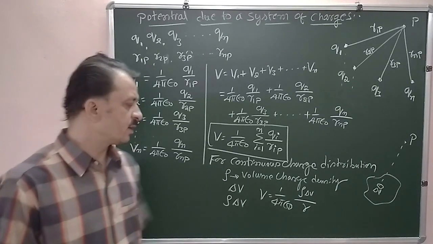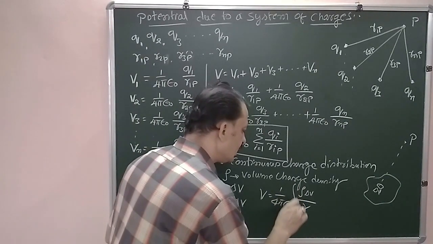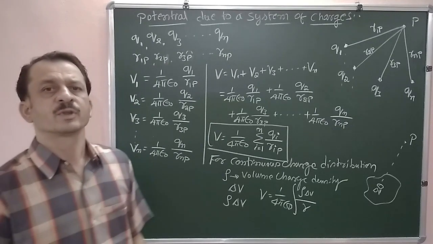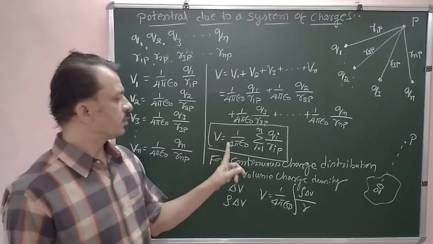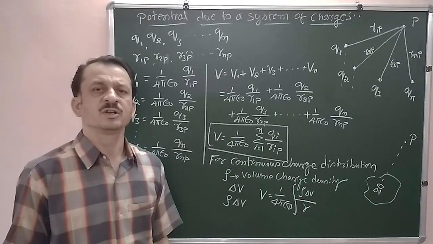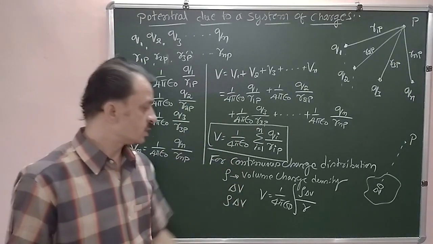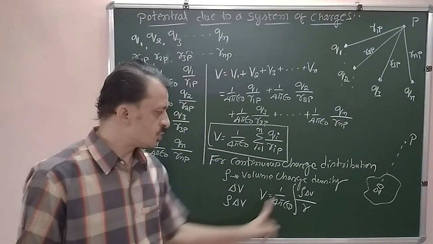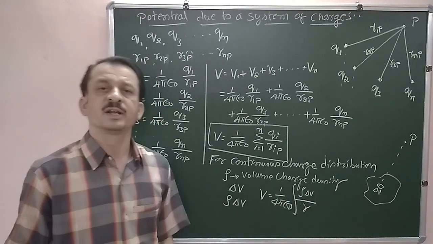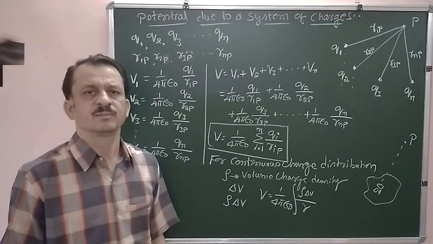It is obtained by integrating. For discrete charges, we use sigma notation. For the case of a continuous charge distribution, we obtain the potential by integrating this term.